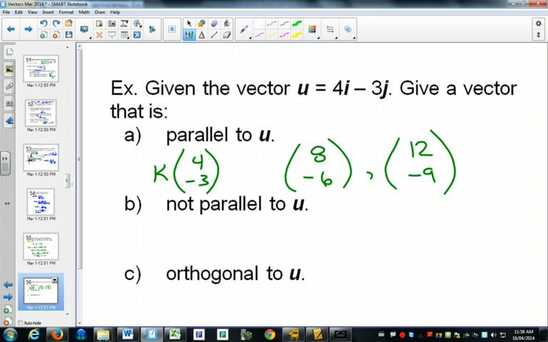To make sure something's not parallel to you, you just have to make sure it's not a multiple of 4, negative 3. You could change one of them. 8, negative 3 for sure won't be a multiple of 4, negative 3. There's no value I can put in front of 4, negative 3 like I did with this k, so that I get 8, negative 3.